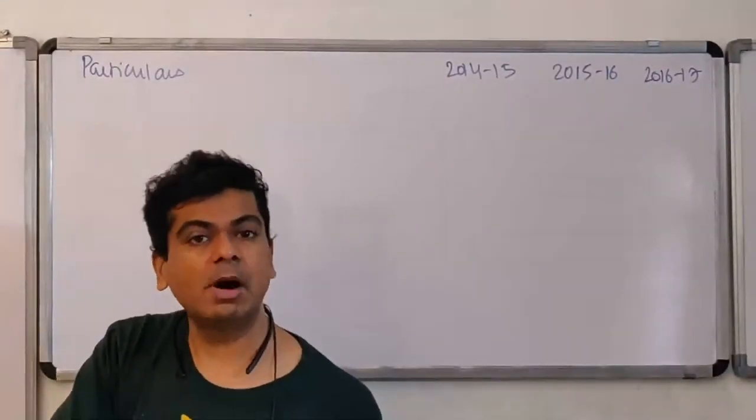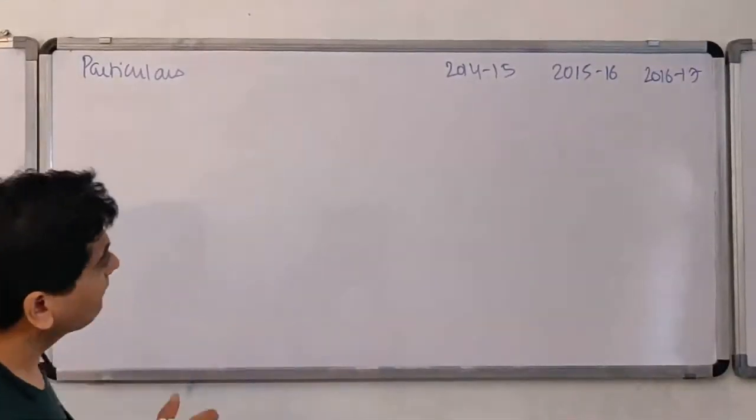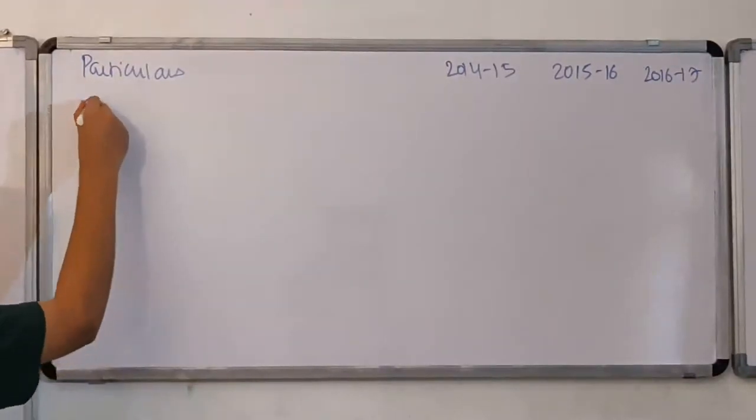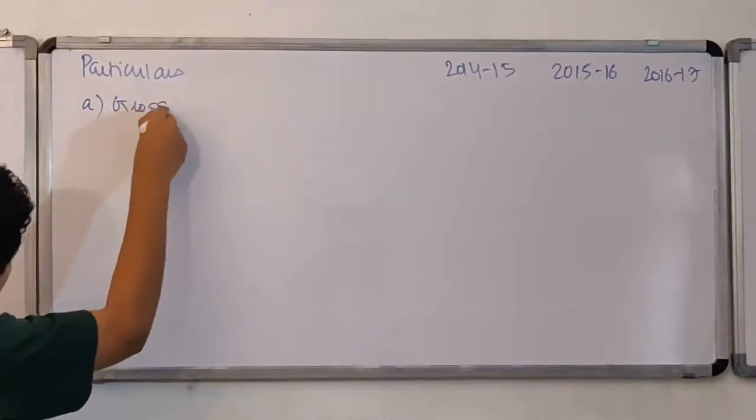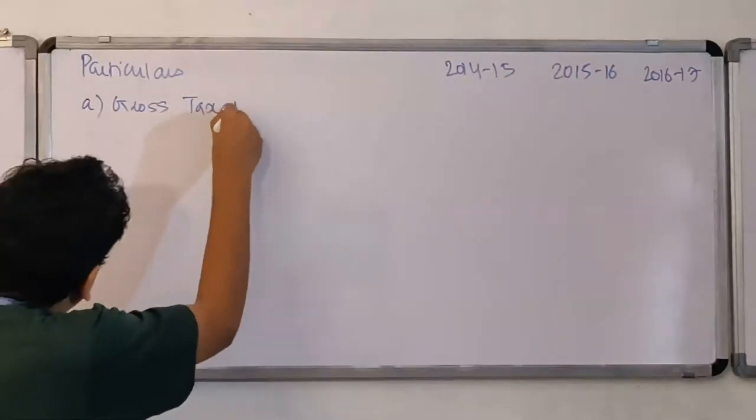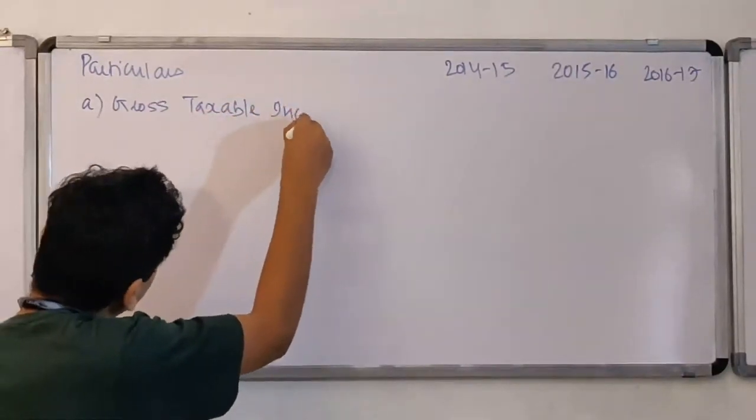Current tax means the amount of tax that we are going to pay. So we start with gross taxable income.